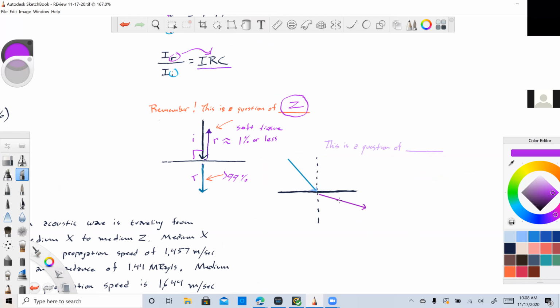why did this sound beam bend going from tissue 1 to tissue 2 here? This is a question of speed.